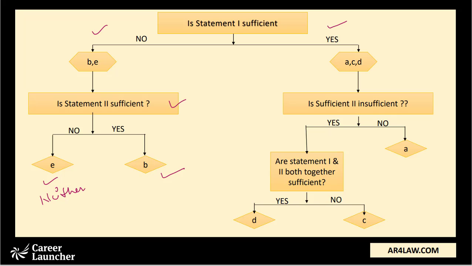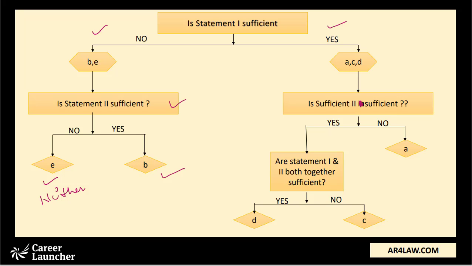The other side of it: if data in statement 1 was able to give us an answer, then the possible choices could be A, C, D. Remember, A was that statement 1 alone is sufficient, C was if either of them is sufficient, and D if we have to combine data from both the statements.